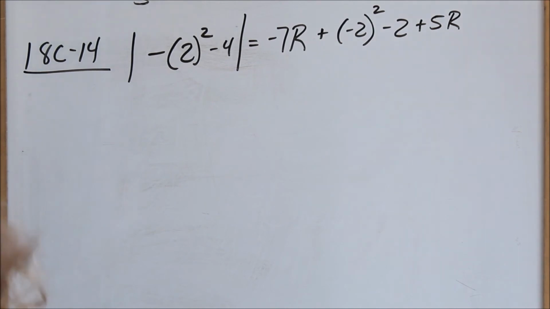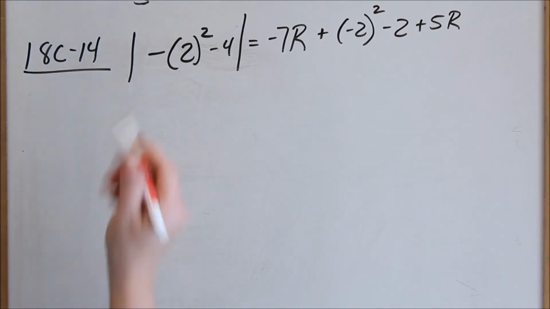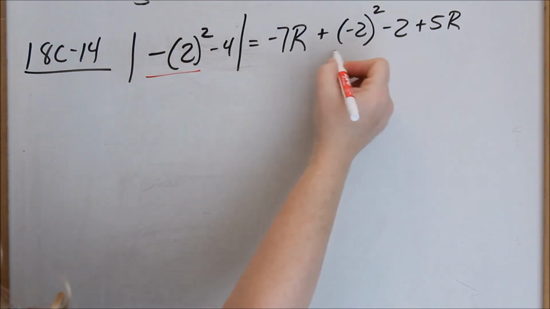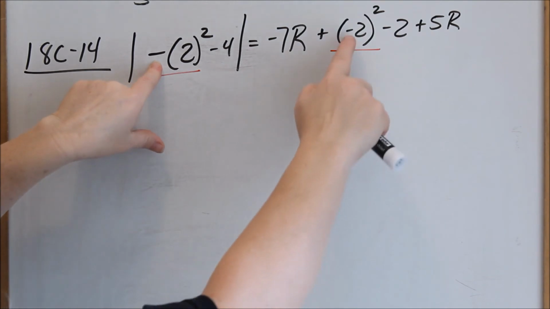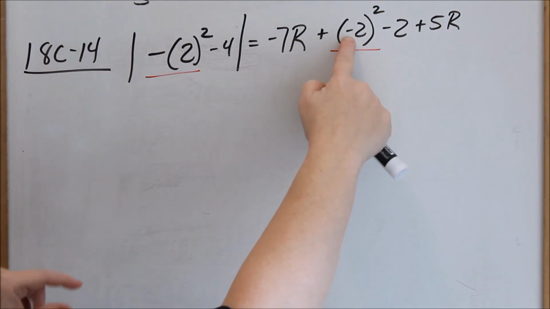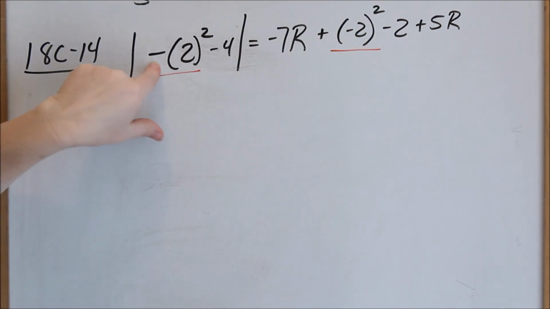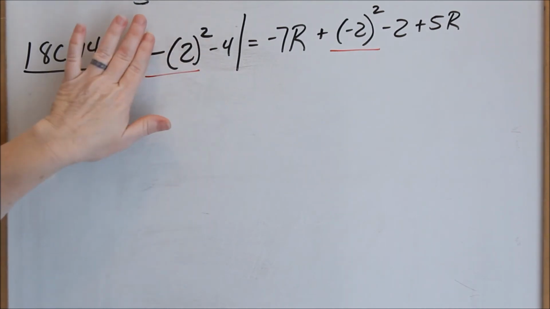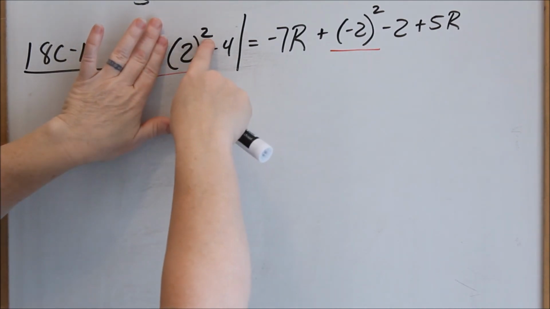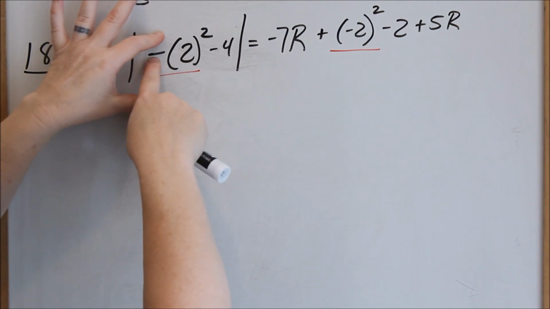Okay, so two things that I want to point out with this problem is I want to point out this and this. Do you see how one of them, the negative is outside the parentheses, and the other one, the negative is inside the parentheses? Okay, this one, your negative is going to stay in front. You do your exponent first. PEMDAS says do exponents first, and then this one stays in front.